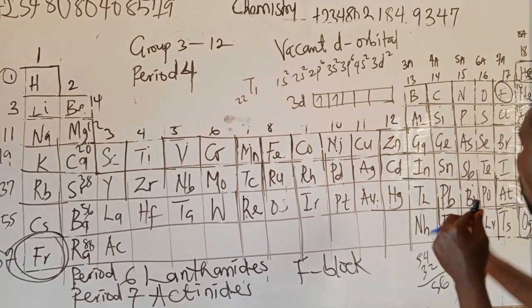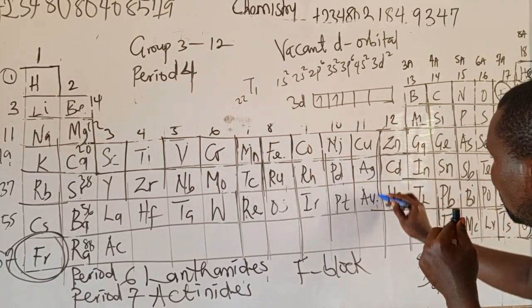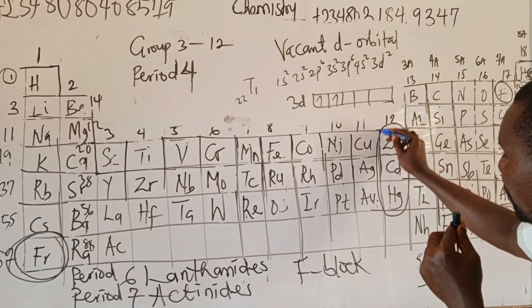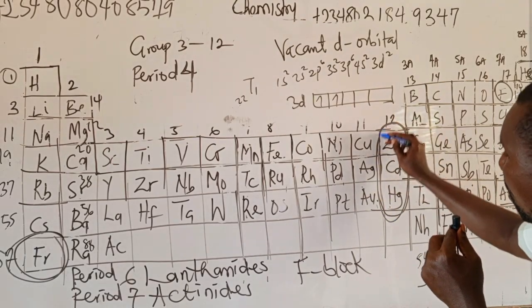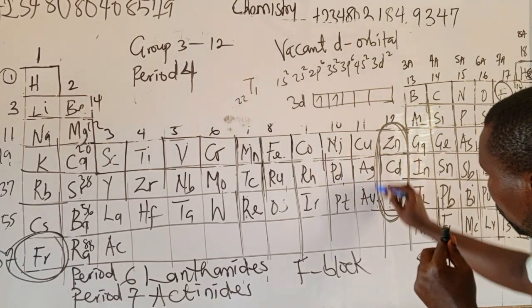But when you come to zinc, cadmium, and mercury, their d orbital is fully filled.